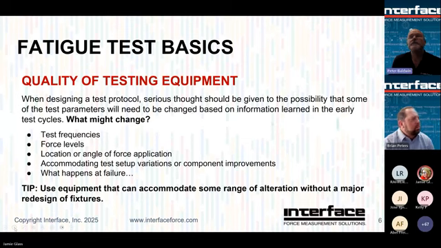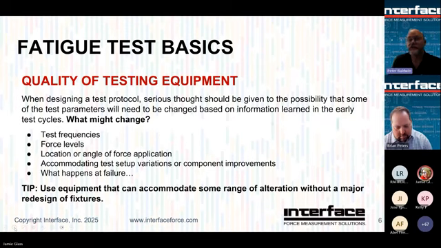Okay. So as part of those basics, we need to understand the quality of our test equipment. When designing a test protocol, you have to give serious thought to the possibility that some of the test parameters might change along the way, or that there might be different aspects of the test as part of the test cycle. So what might change?